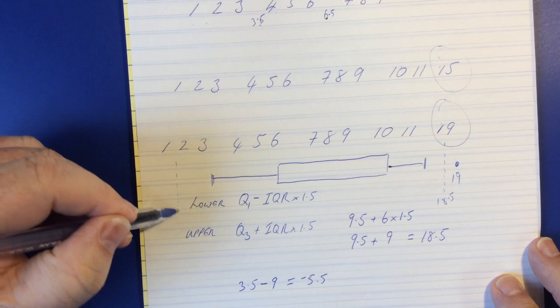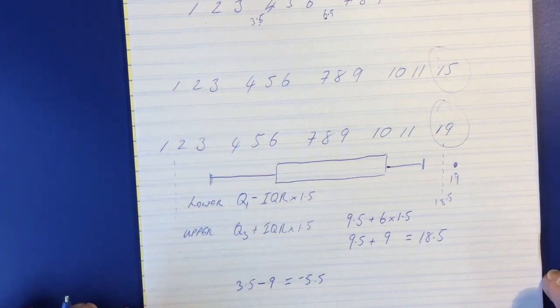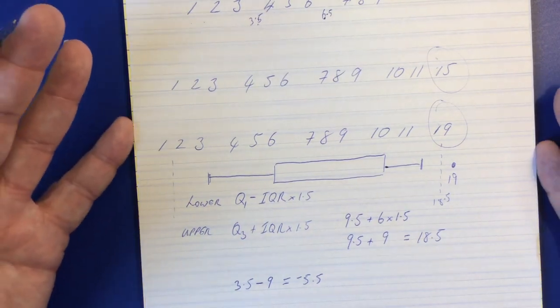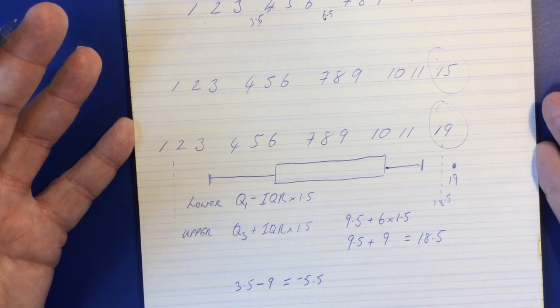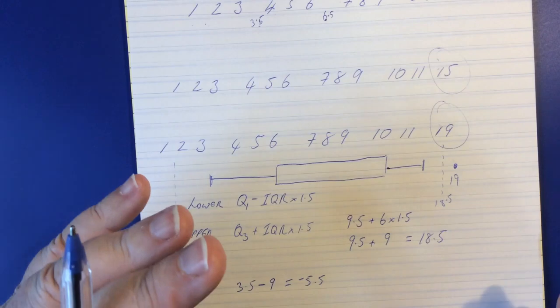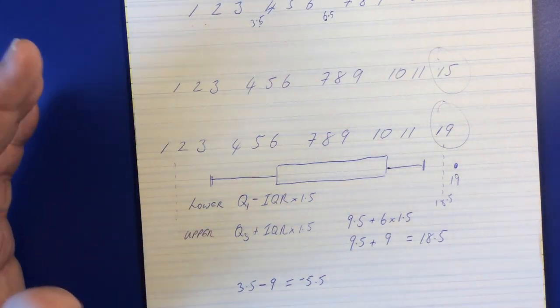So the fence is down here somewhere. Okay. Right, so that's a very brief outline of what an outlier is and how we might calculate when an outlier exists or not.